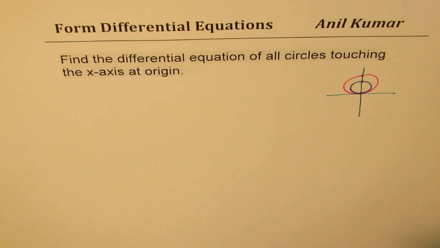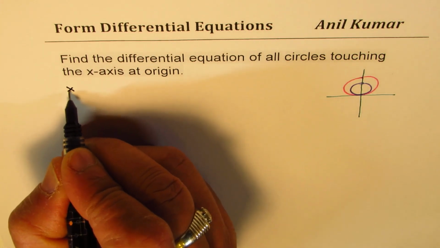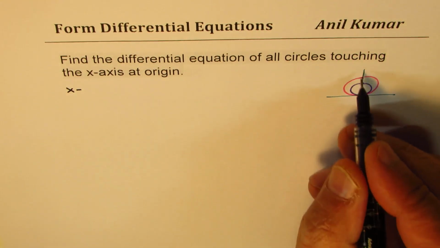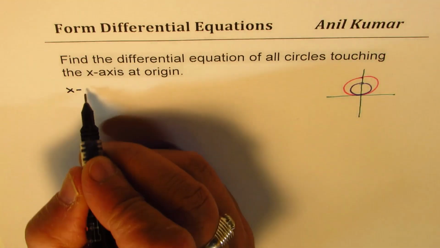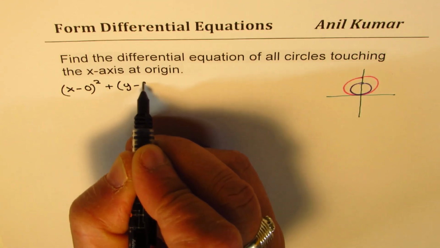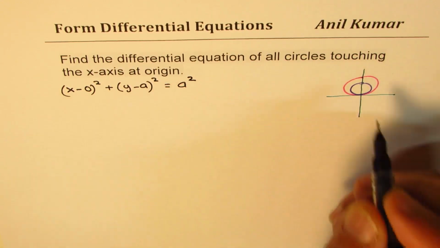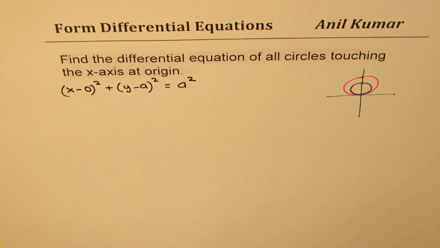In this case, the equation could be written as (x minus 0) whole square plus (y minus a) whole square equals a square, since the y value will become the radius of the circle, correct?